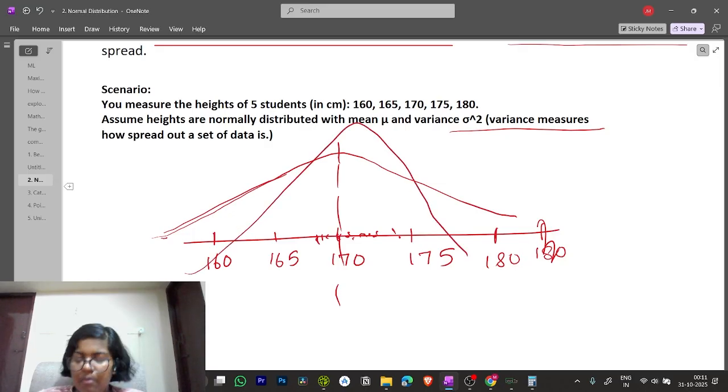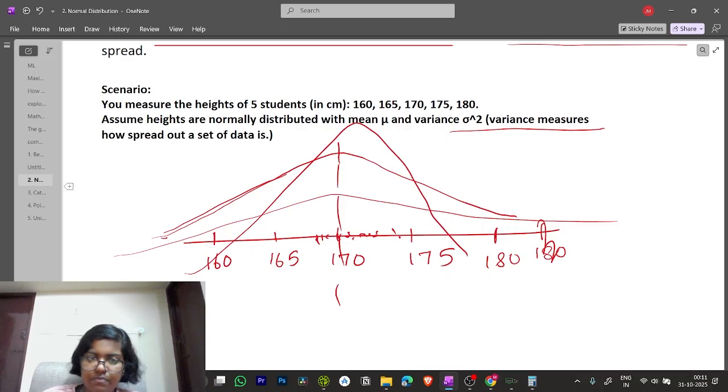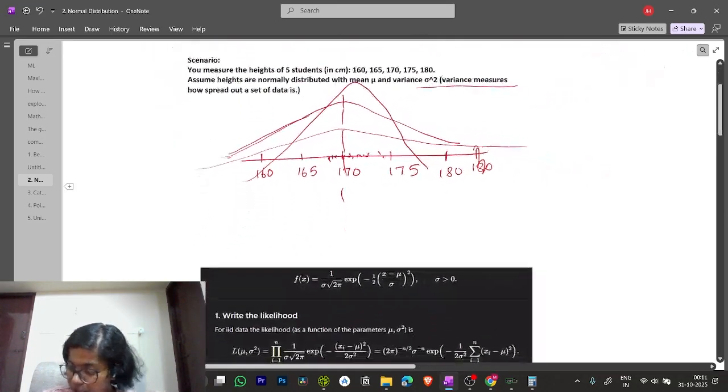And if values are distributed, that is, if variance is high, then the bell curve will look like this. Understood? So this is what normal distribution is all about.